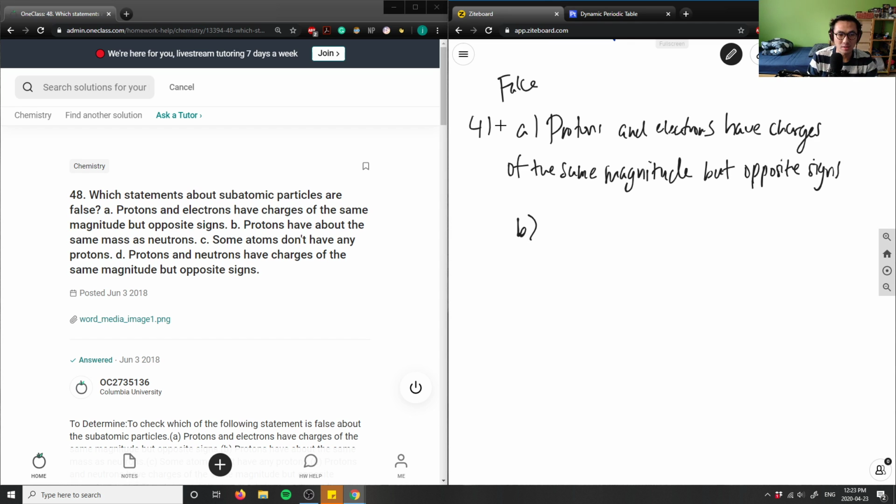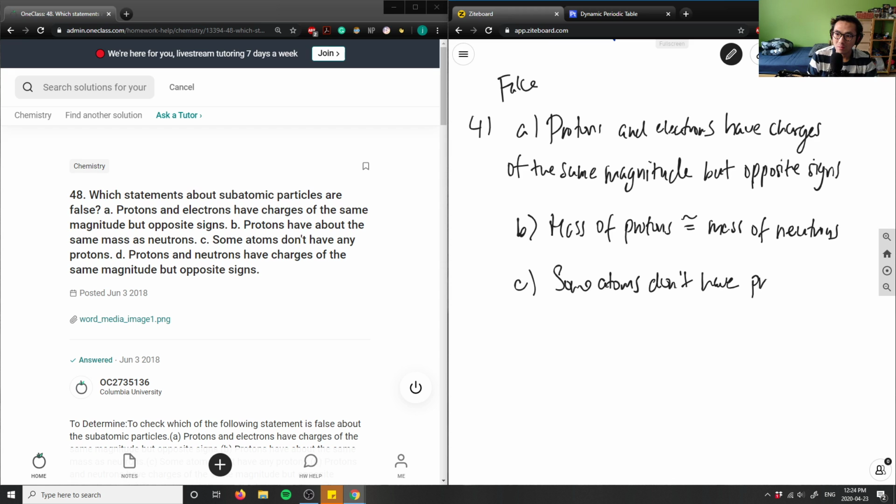B says that protons have about the same mass as neutrons. So I'll simplify this: mass of protons equals mass of neutrons, approximately. C states that some atoms don't have protons. And D says protons and neutrons have charges of the same magnitude but opposite signs.